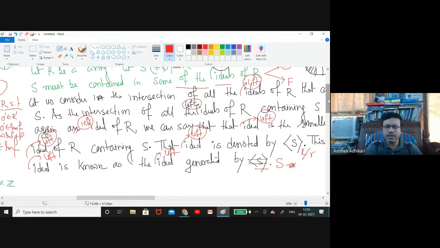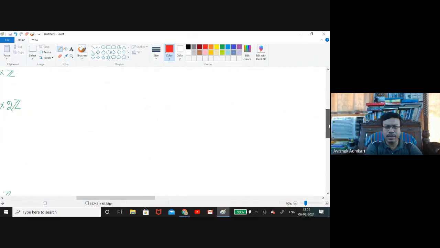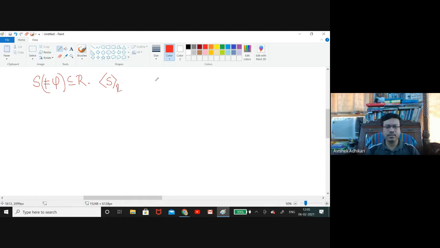Repeating once again. We start with a non-empty set S. R is a ring and S is a non-empty subset of R. I am going to define the meaning of this notation.